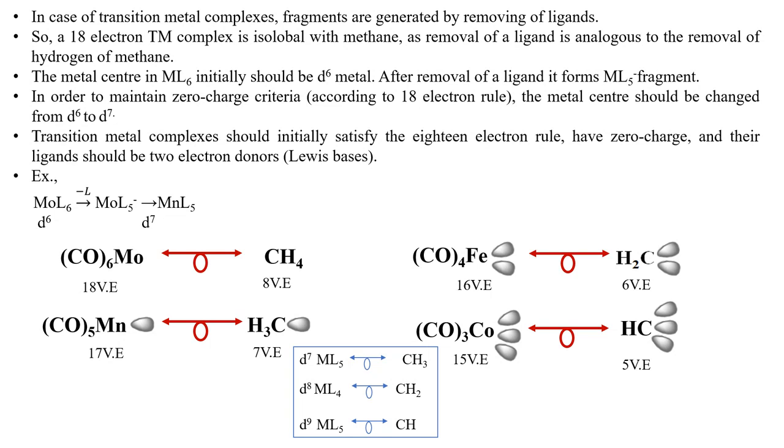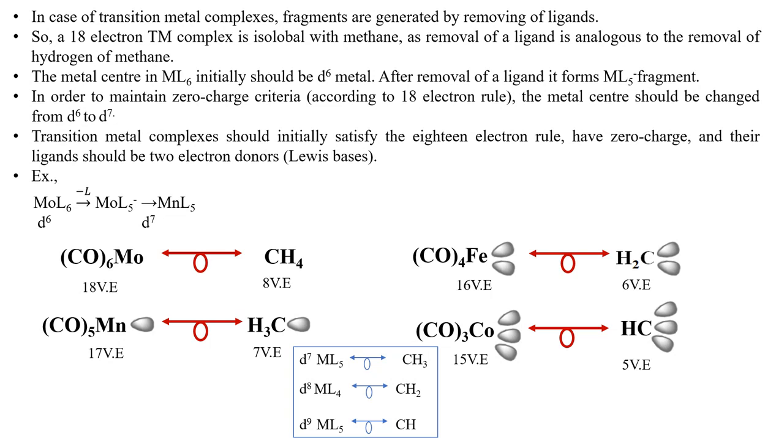Initially when you have an MoL6 example, a molybdenum complex, you remove a ligand, you get MoL5 minus. You replace this molybdenum, which is a d6 metal, with manganese, which is a d7 metal. So what is happening here?